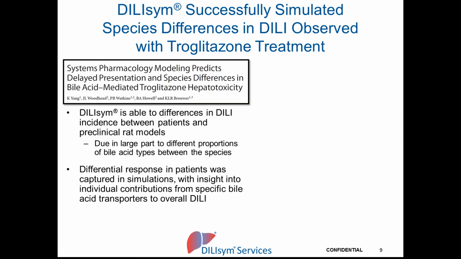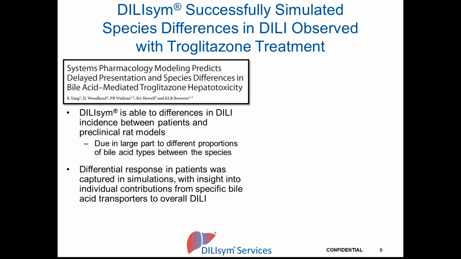So to summarize, DILIsym successfully simulated the species differences in DILI that were observed with troglitazone treatment. This has been written up and published in a nice paper by Kyung-hee Yang. Again, this was due in large part to the types of bile acids that are present primarily in rats and humans, and how they're different, and the hepatotoxic potential for each is different.